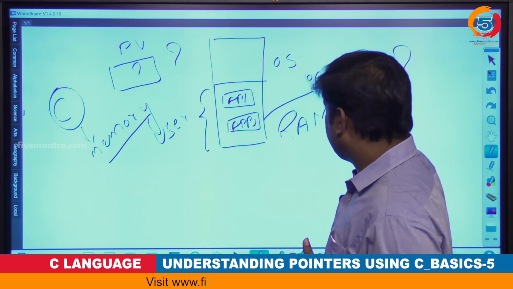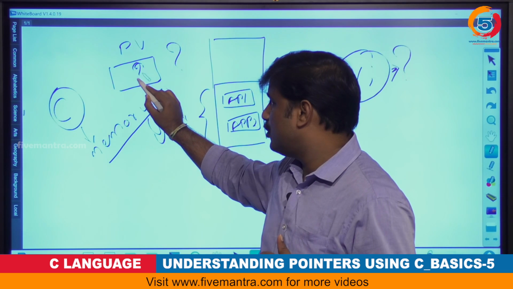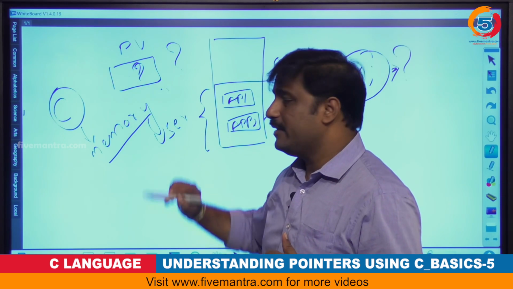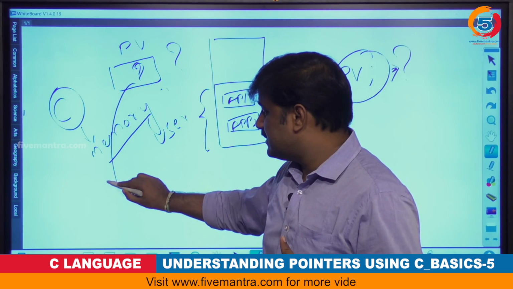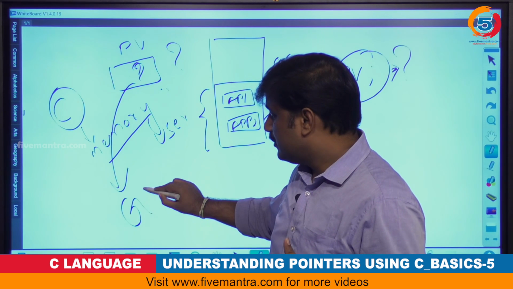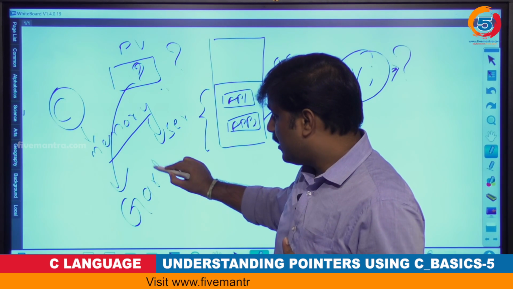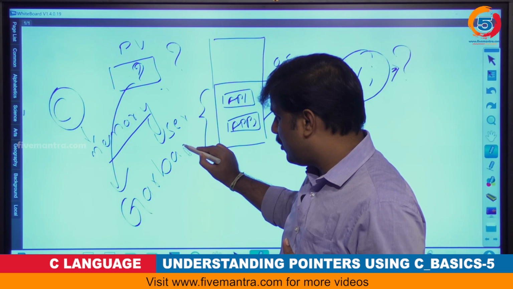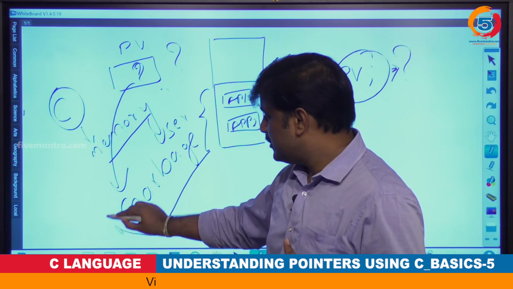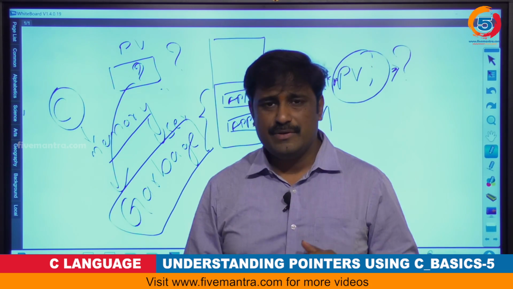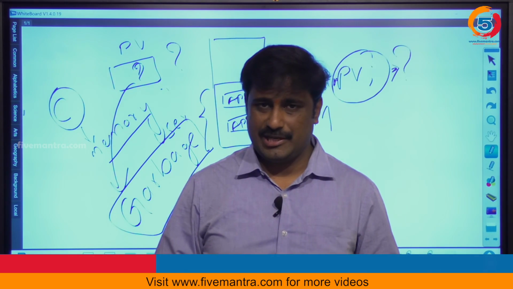I have a pointer variable, and in that pointer variable I have not initialized anything. What value does it contain? It contains the previous program's value. That value we call garbage value. Garbage means it is not suitable and not useful for your application.